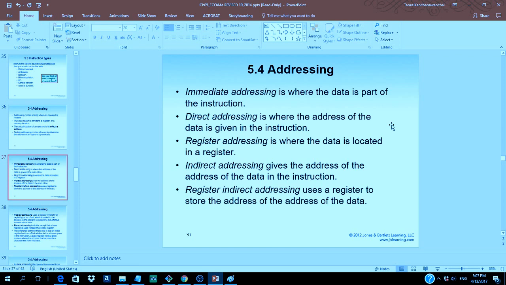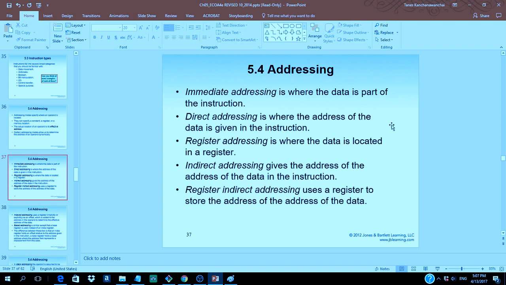Like if I want to add 5, which is the data, to the accumulator register, that's immediate addressing. Direct addressing is where the address of the data is given in the instruction. I can say add 101, go to address 101, something like that, right?